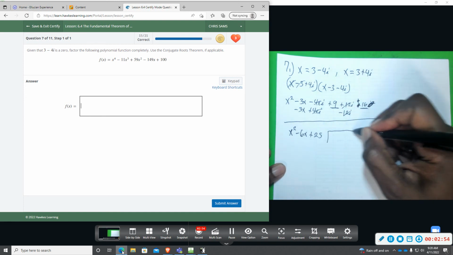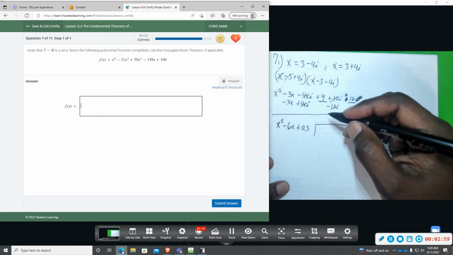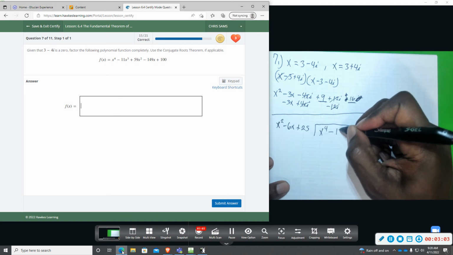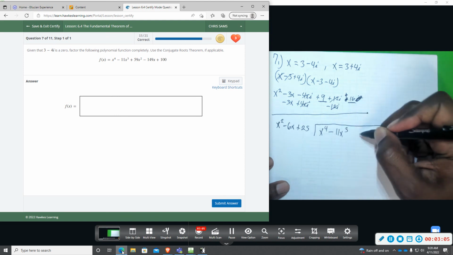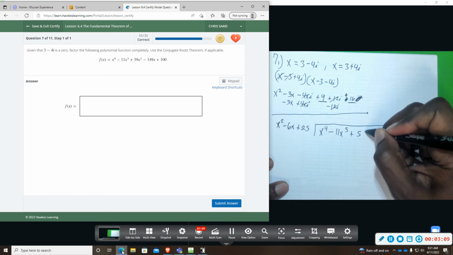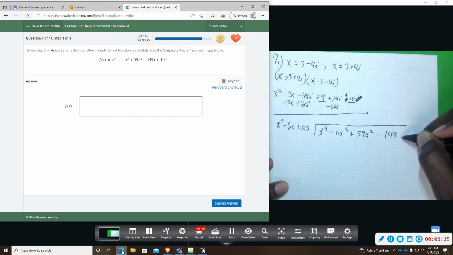All right, so we're going to factor that into x to the 4th minus 11x cubed plus 59x squared minus 149x plus 100.